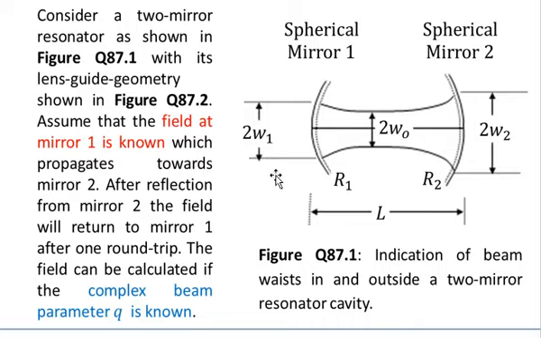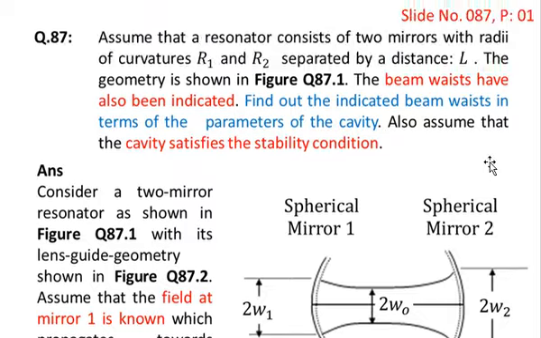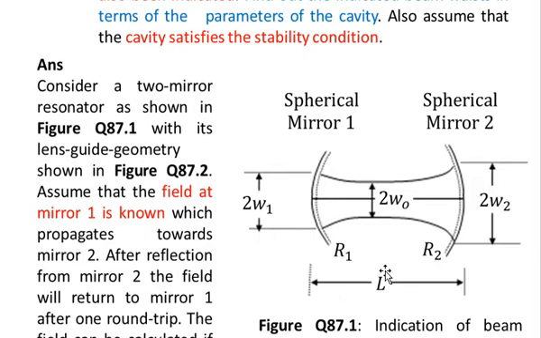Our objective is to calculate 2W1, 2W0 and 2W2. And we have been given the condition that the system satisfies the stability condition. That is, the cavity is stable. So let's try to answer this question.